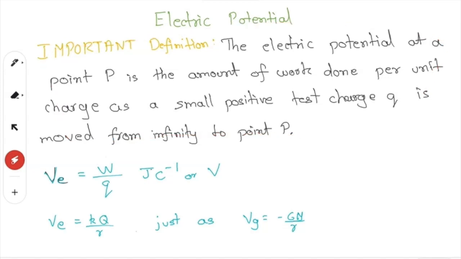This definition tells us that the electric potential at some point is the amount of work done per unit charge. Okay, well, just going off that, we can write electric potential is equal to work done per unit charge. Just like gravitational potential, which is minus GM by r, electric potential is kq by r.